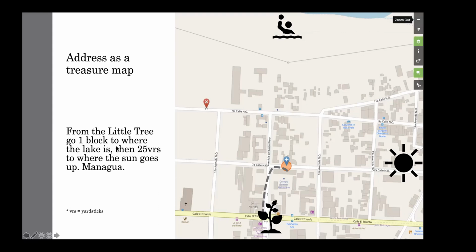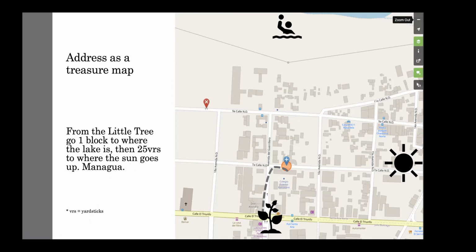It is most of the time referred to the north. Then we have the second instruction: walk or drive 25 BRS, which is short for varas, a unit of measurement roughly the same as yardsticks. The orientation we got is up, and that up actually refers to where the sun goes up.